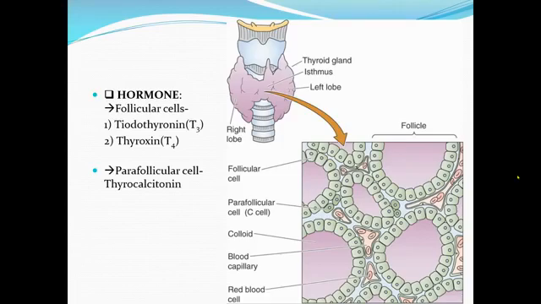They produce T3, triiodothyronine, and T4, tetraiodothyronine, which is called thyroxine.